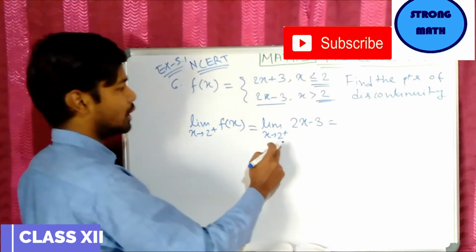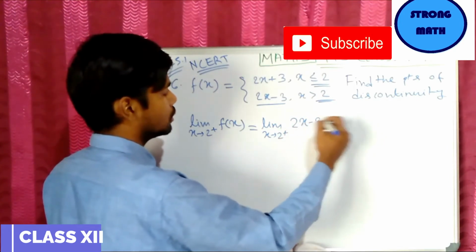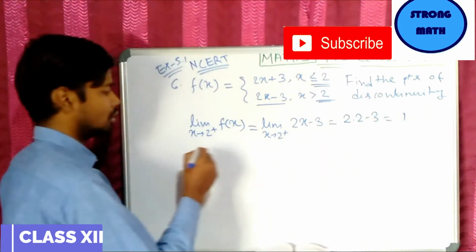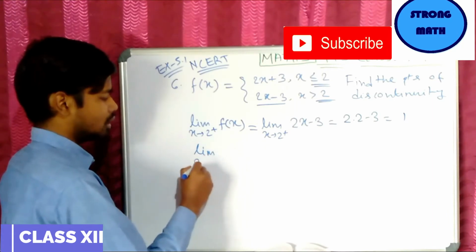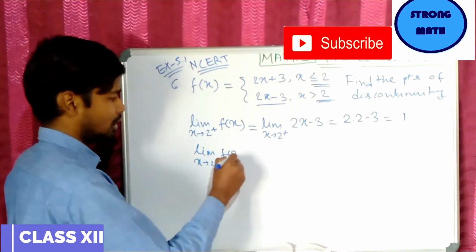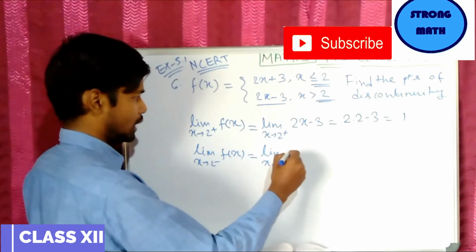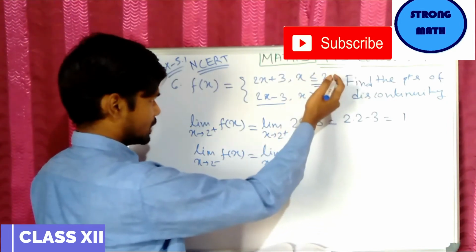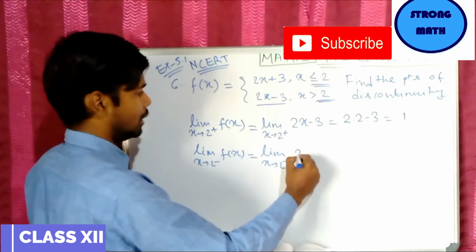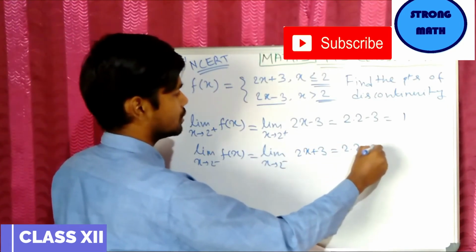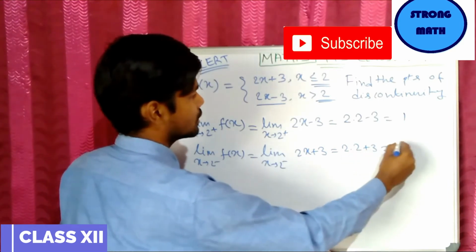Putting the value x equals 2, we get 2 into 2 minus 3 equals 1. Similarly, limit x tends to 2 minus f of x. 2 minus means the left hand side of 2, and the value is 2x plus 3. 2 into 2 plus 3 equals 7.